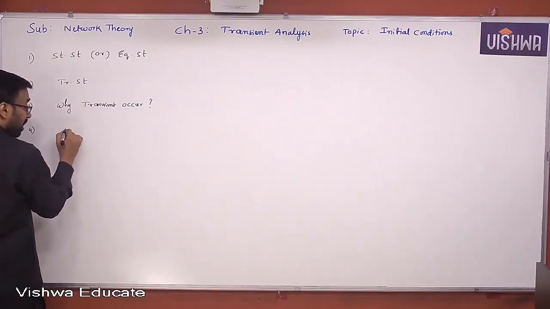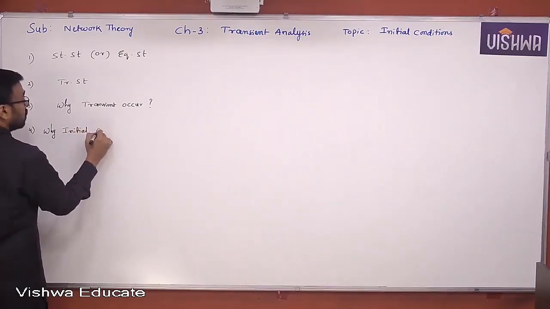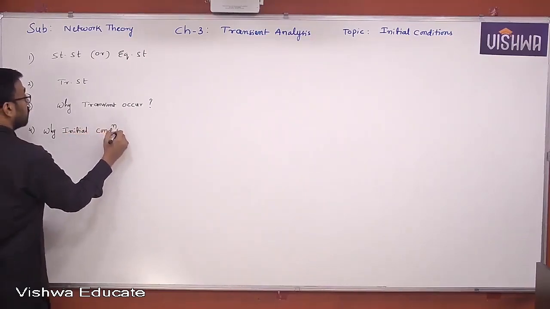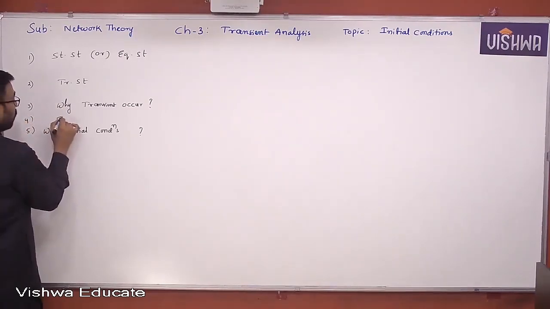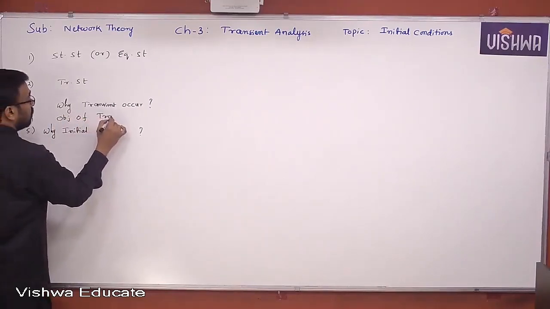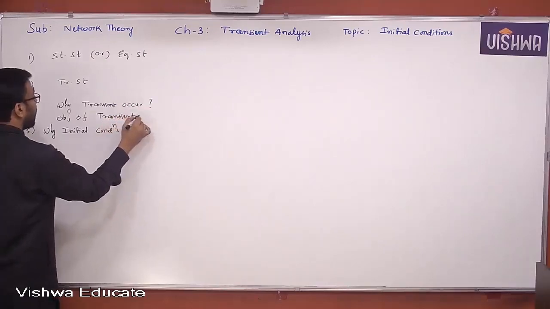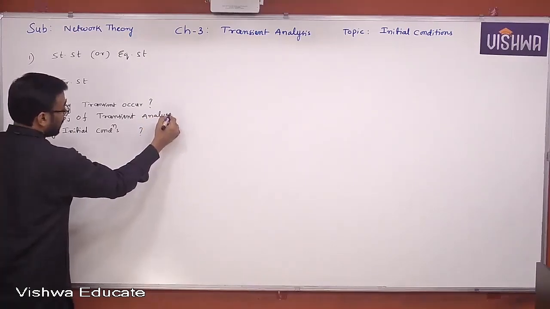Next, what are the initial conditions, or why initial conditions? Let me put one more here, the fourth one: objective of transient analysis. Why should we really go for transient analysis?